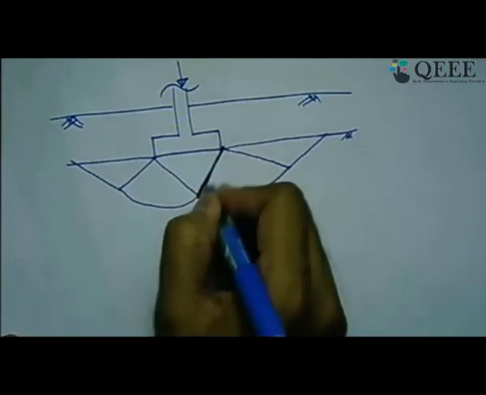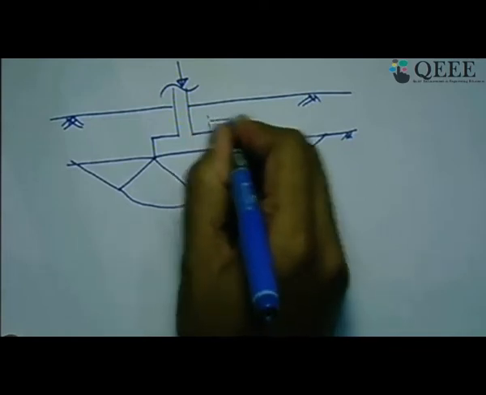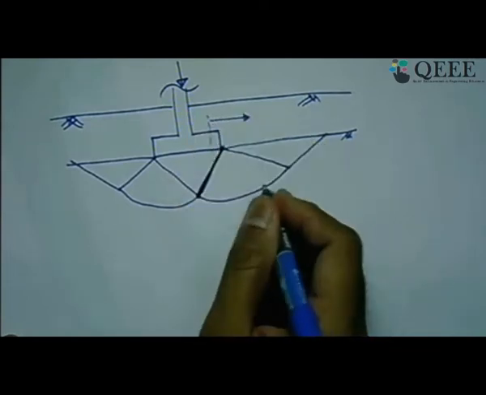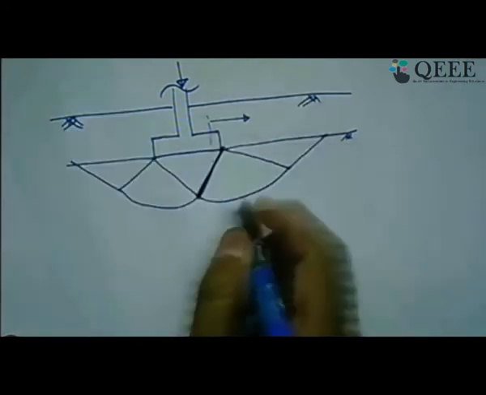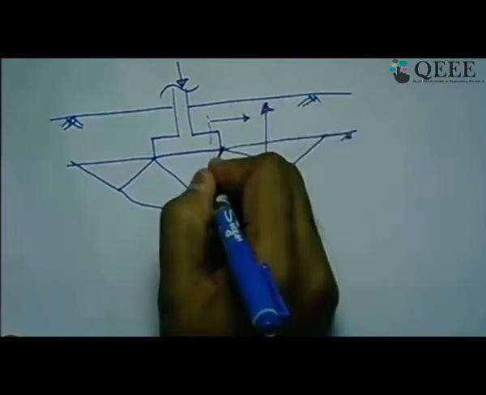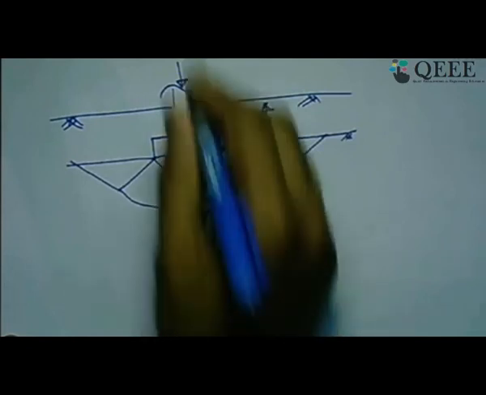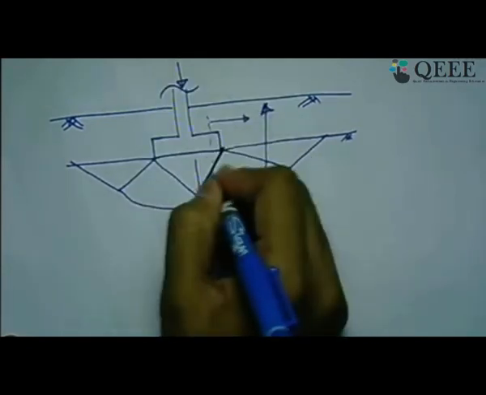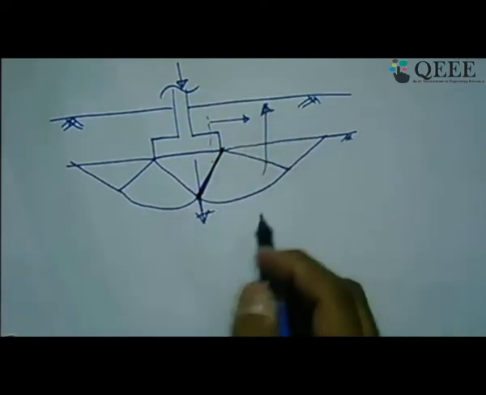That means this wall is in passive condition, because its relative movement is towards this side. Who goes up here and who goes down? For bearing capacity theory, we know the surrounding soil here goes up and this portion goes down. So the relative movement of the wall here is downward, and the relative movement of the backfill soil here is upward.